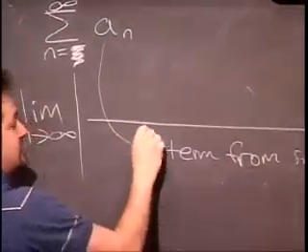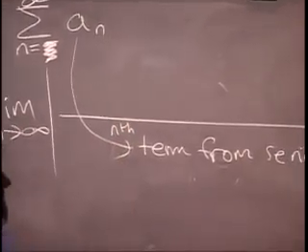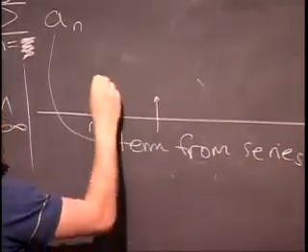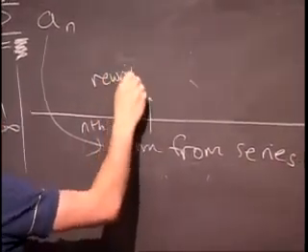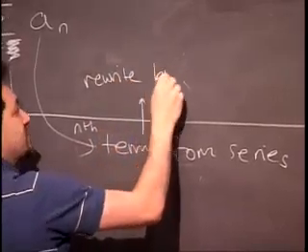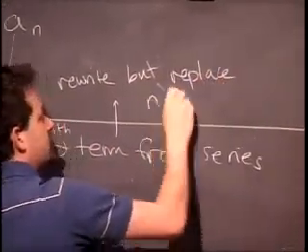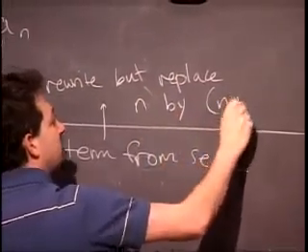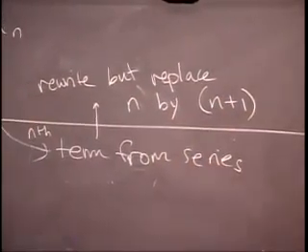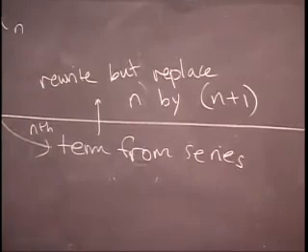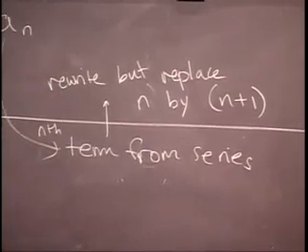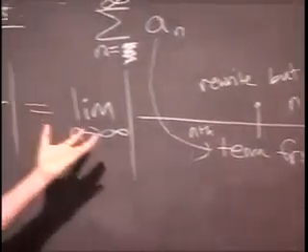This is the nth term from the series directly. Then you go up here and rewrite it, but every time you see an n, you replace it by n plus 1 in parentheses. You normally need the parentheses.